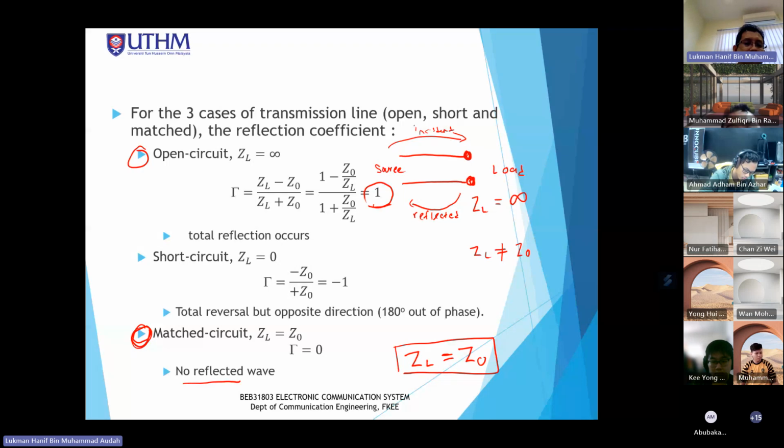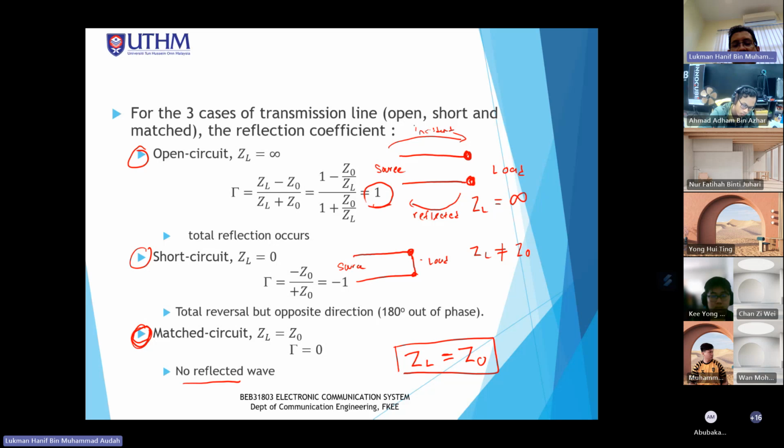Then the third extreme case is the short circuit. This is the source side, this is the load side. When the load is short circuit, that means the load is equal to 0. Again, this is not equal to the characteristic impedance.